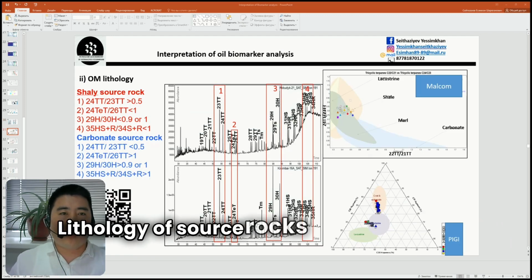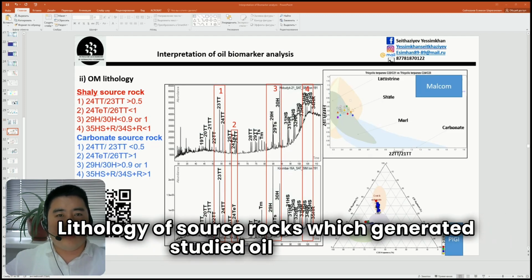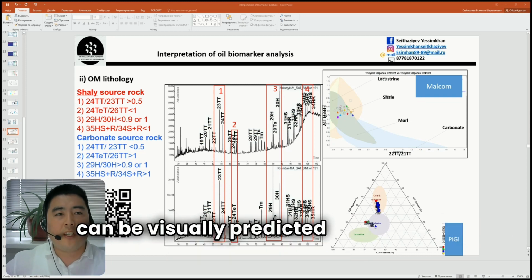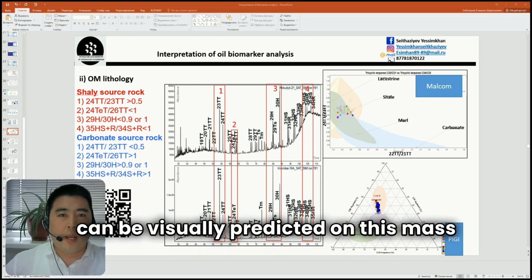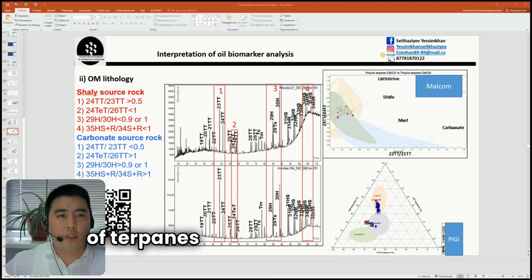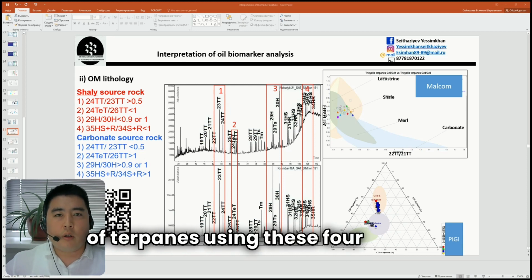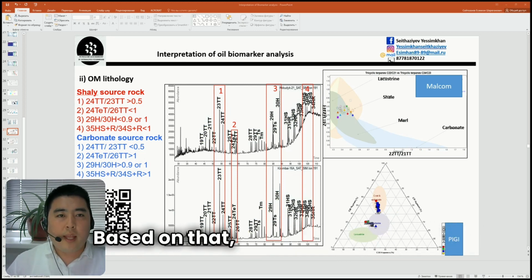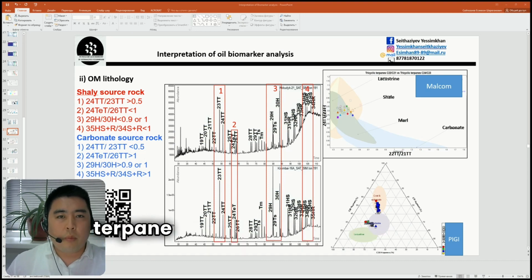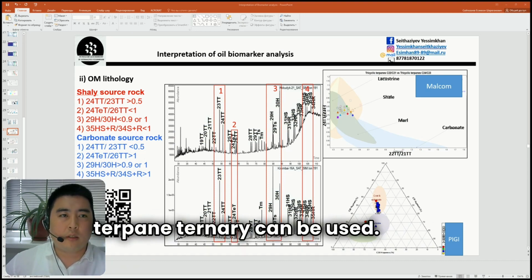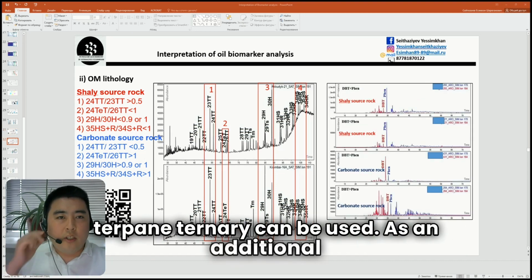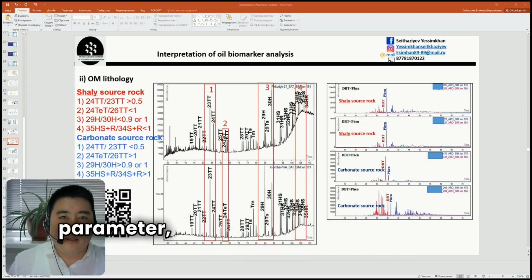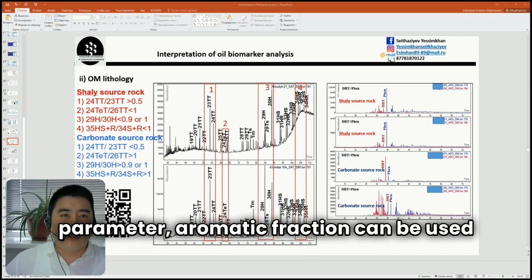Lithology of source rocks which generated studied oil samples can be visually predicted on this mass chromatogram of terpenes using these 4 criteria. Based on that, the first plot and the terpene ternary diagram can be used. As an additional parameter, the aromatic fraction can be used as well.